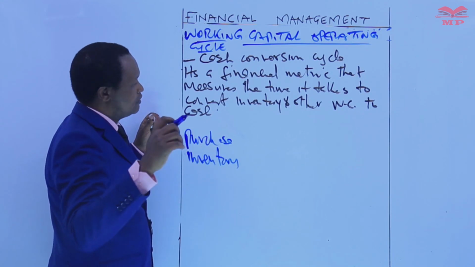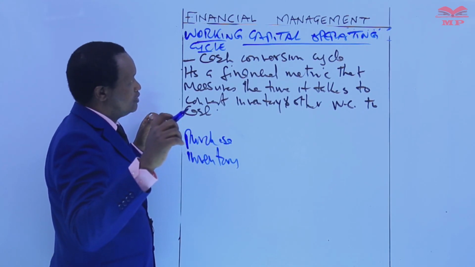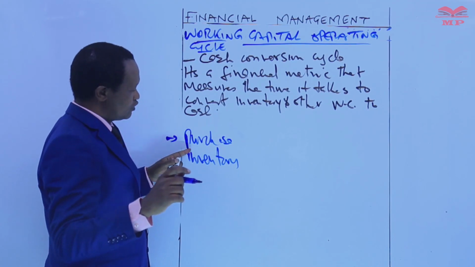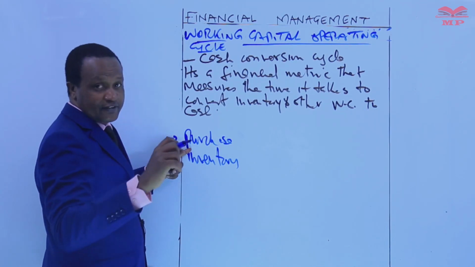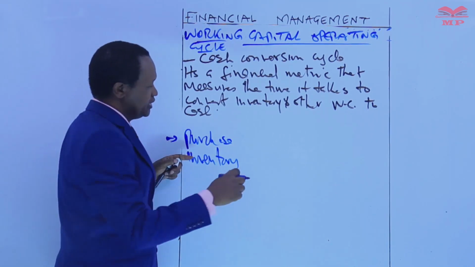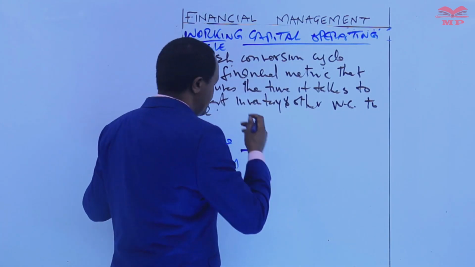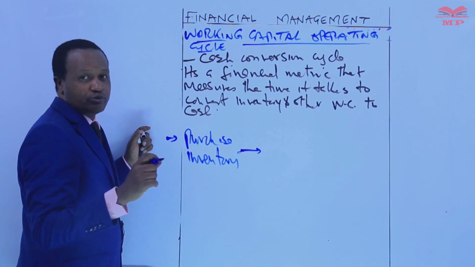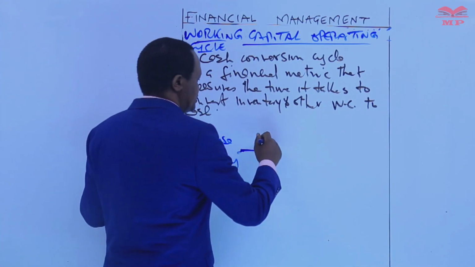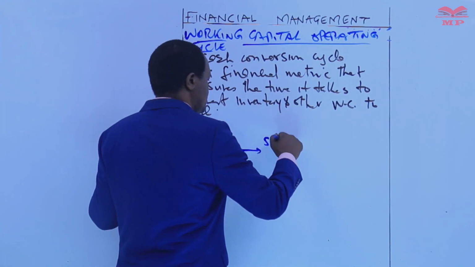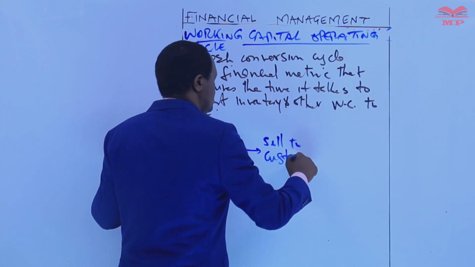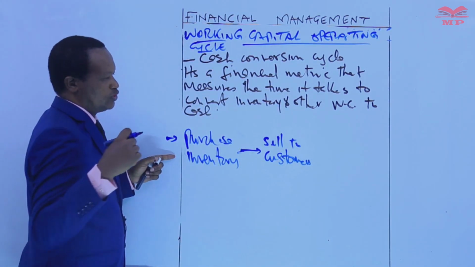So the working capital operating cycle is that time it takes, first of all, to purchase inventory. Then this inventory is sold to customers, because you may sell to customers on credit.